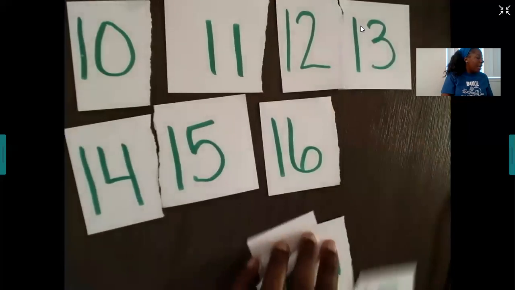Before we move on, let's go back and revisit our I can statement. Make sure that we're on track and you know what we're doing. I can find what's missing with my teen numbers. That's right, say it with me. I can find what's missing with my teen numbers.